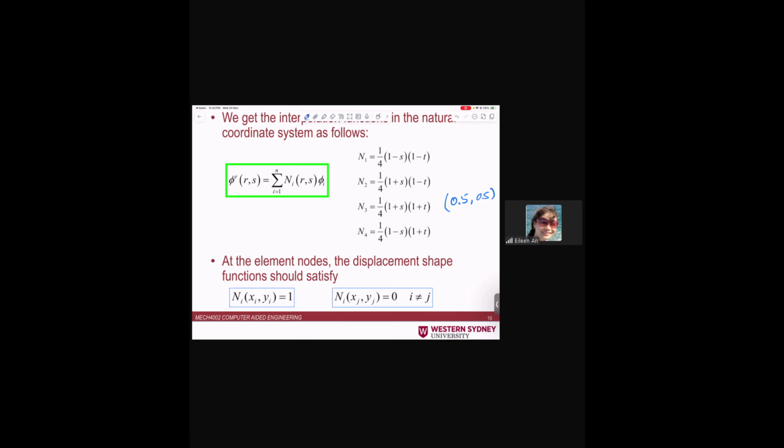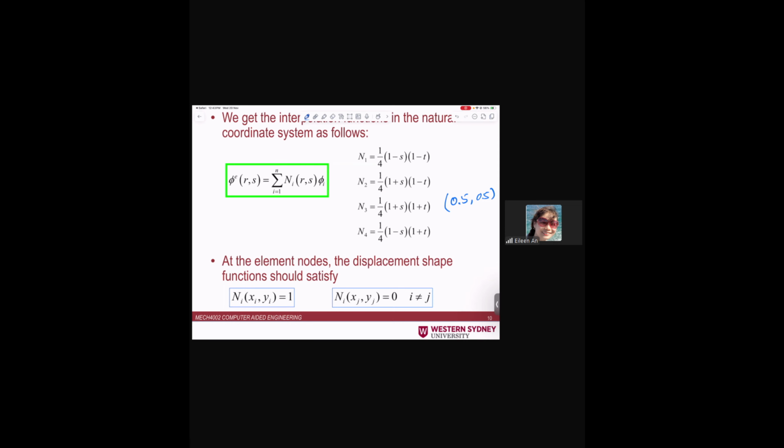And another thing is why we call them shape functions or interpolation functions, and also why we call them N1, N2, N3, N4. This is because if you substitute the coordinates of the node into those equations, for example, we substitute the coordinates of node 1 into N1, you will find that N1 equals 1 and all the others equal 0.